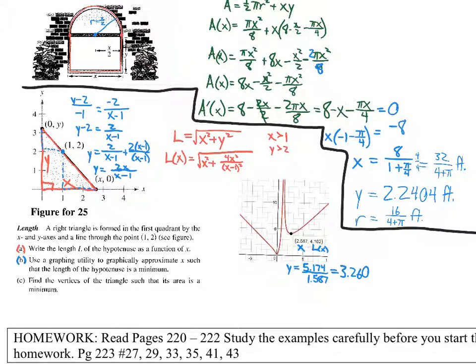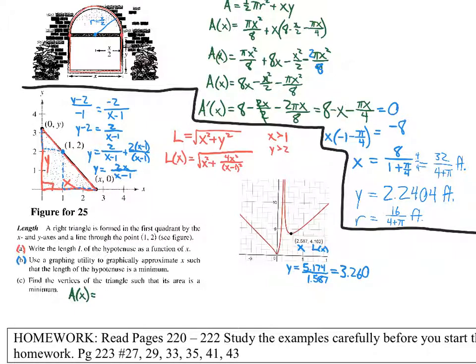We also here have part C. It asks for us to find the vertices such that the area is a minimum. So now we're having to write the area as a function of x.